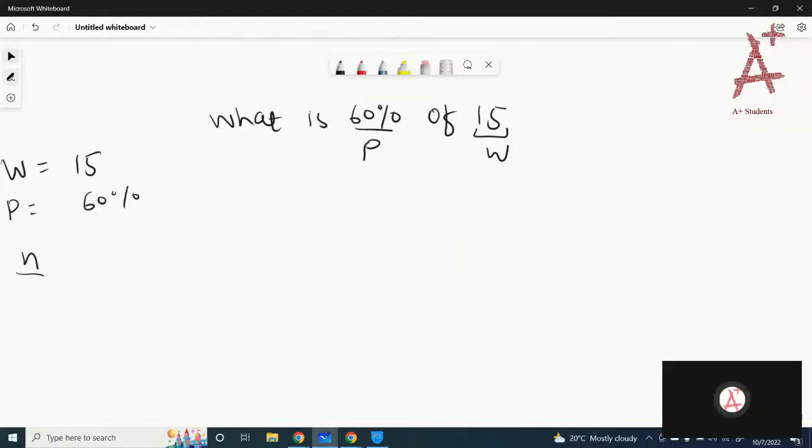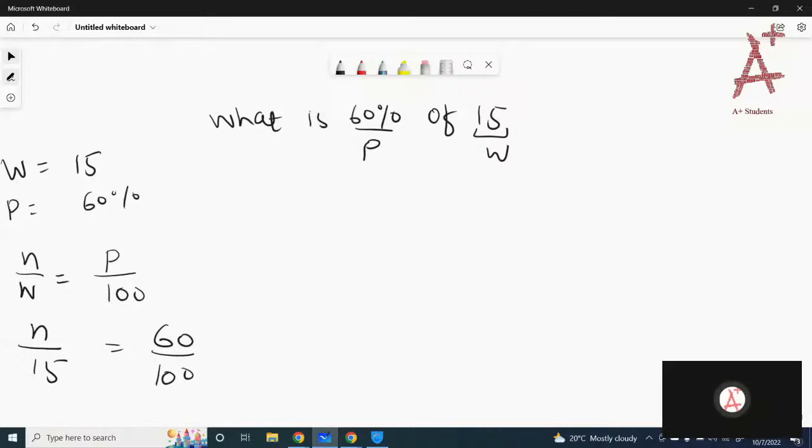So you can form a ratio that is n divided by the whole and that equals percent divided by 100. Just put the values. You have to find the value of n. The whole is 15, the percent is 60, divided by 100. Got it?